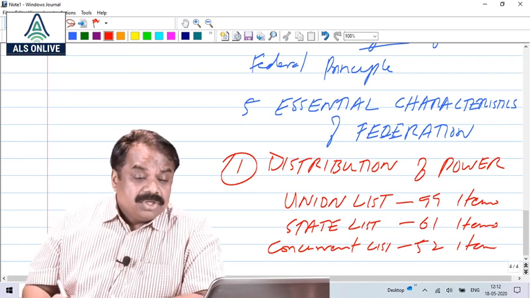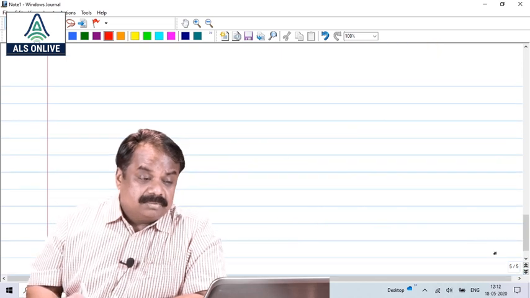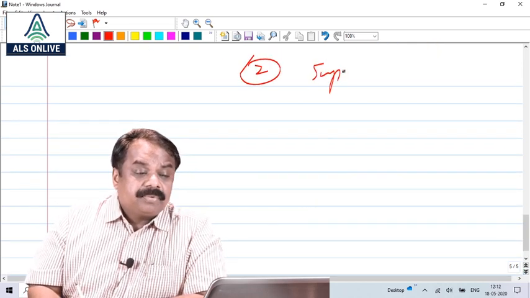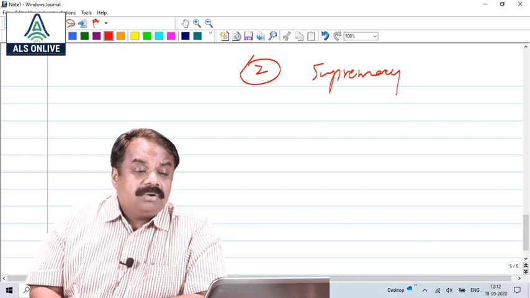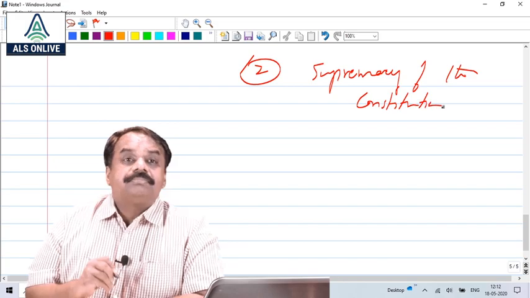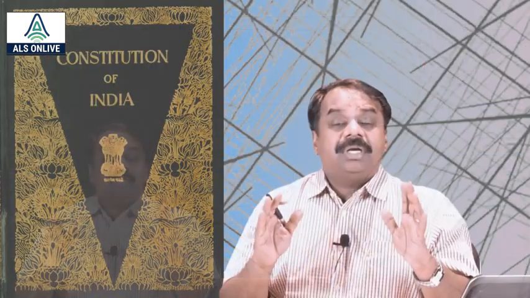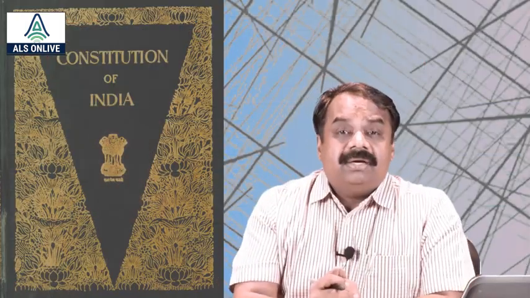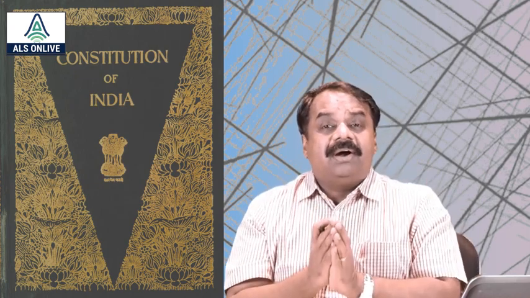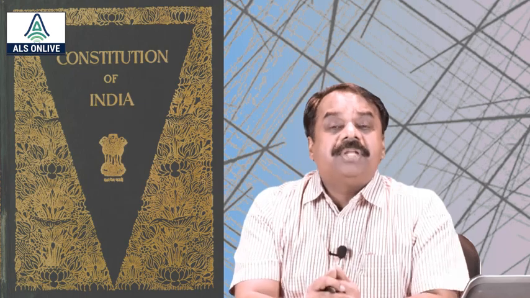Number 2, supremacy of the constitution. The second important highlight is the supremacy of the constitution. The constitution is supreme. The constitution is the supreme law of the land. Both the authorities, both central and the state governments, draw their powers from the constitution.